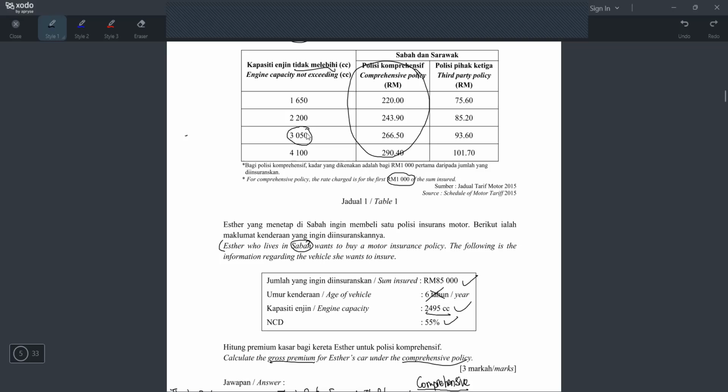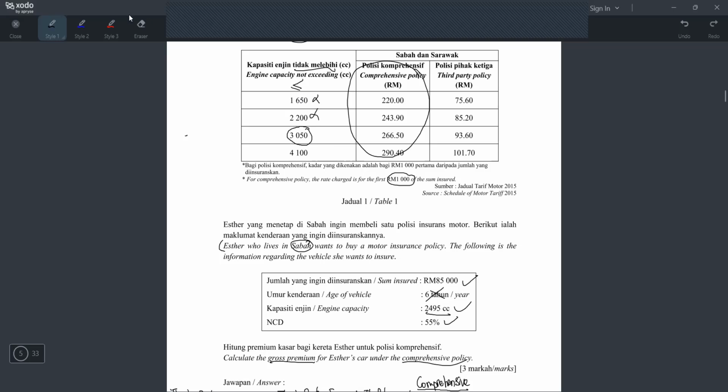Okay, sometimes student confuse this also. They will say like, sir, which one saya kena tengok? Okay, tengok sini. Capacity engine tidak melebihi. What is tidak melebihi? Does not exceed. So 2495, saya nak tanya, 2495 sudah melebihi 2200 tak? Sudah melebihi kan? So tak boleh ambil yang ni lah. 2495 sudah melebihi 1650 also. So tak boleh ambil yang ni.